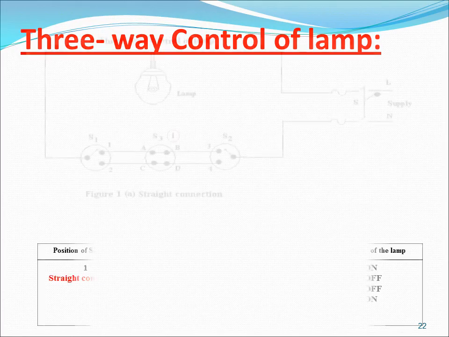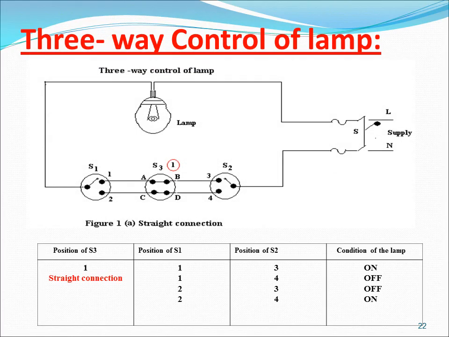Three-way control of lamp. One single lamp can be controlled by three switches. You might have seen in a big hall, a single lamp can be controlled from three different positions. Here there are two cases: the middle one, S3, may be in a straight connection or in a cross connection.